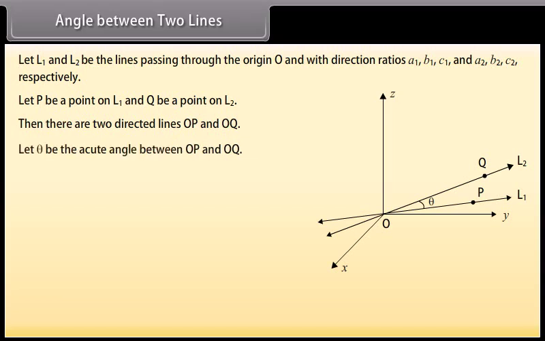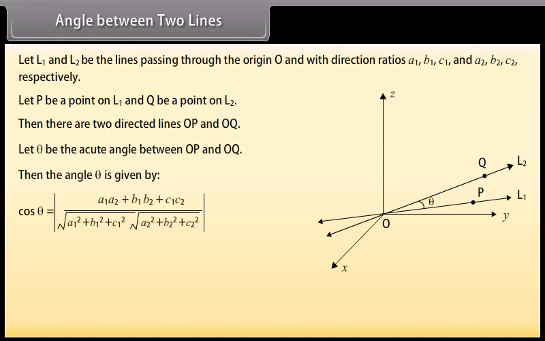Let theta be the acute angle between OP and OQ. Then cos theta equals the modulus of (a1 a2 plus b1 b2 plus c1 c2) divided by the square root of (a1 square plus b1 square plus c1 square) into the square root of (a2 square plus b2 square plus c2 square).